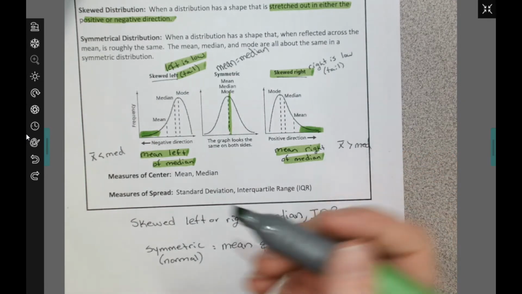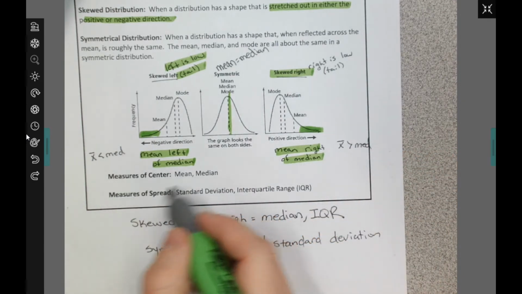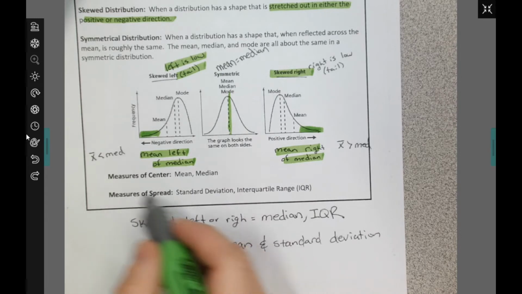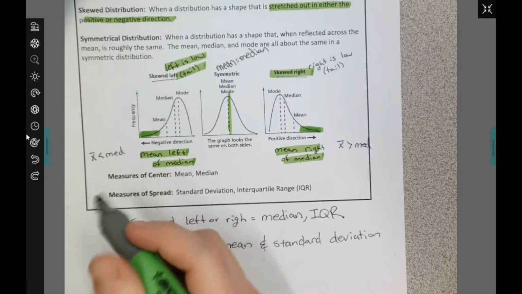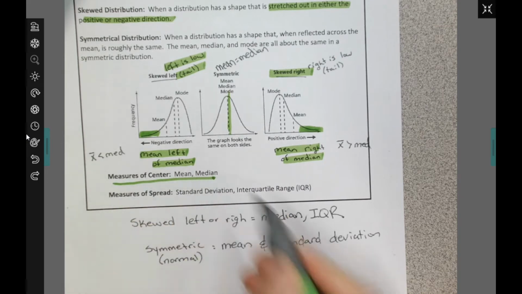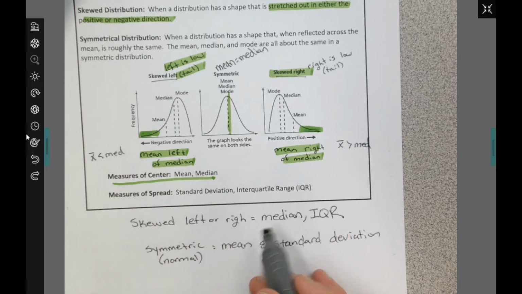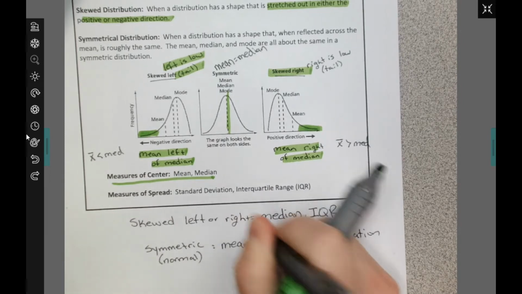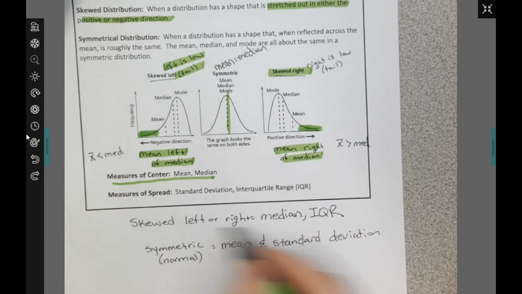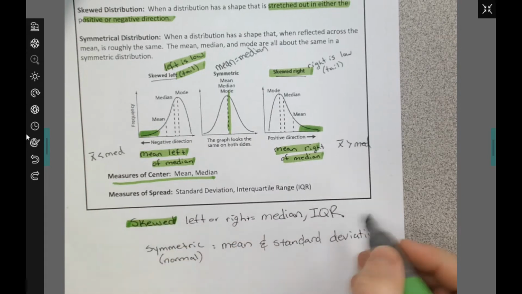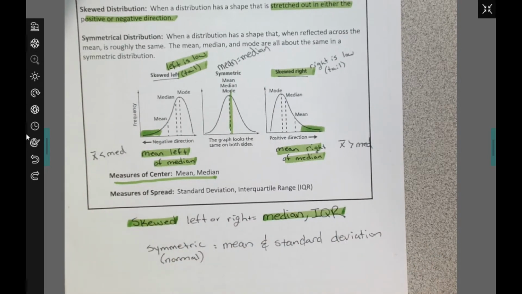The other big thing from here is to realize measures of center and spread. So you're going to have 2 options for measure of center. You're going to have mean and median, the 2 options there. And then spread is either standard deviation or interquartile range. If you are skewed left or right, so skewed is going to go with median and IQR.